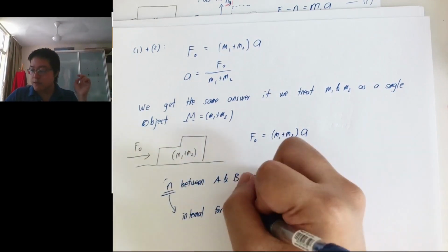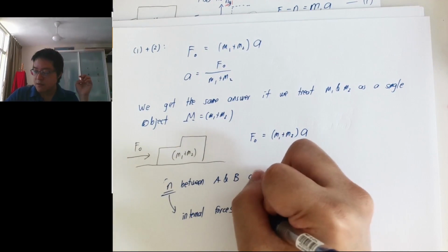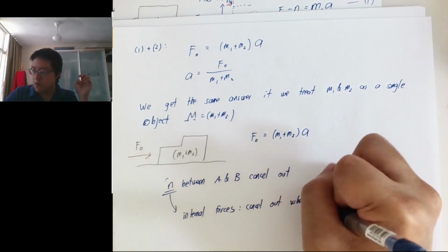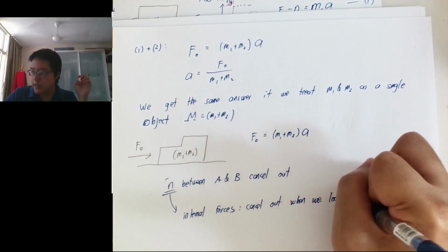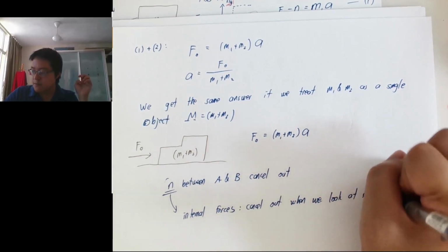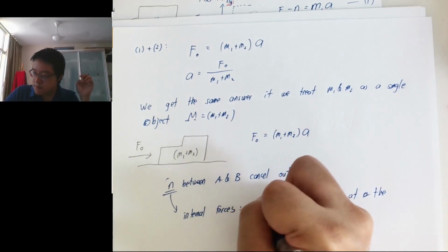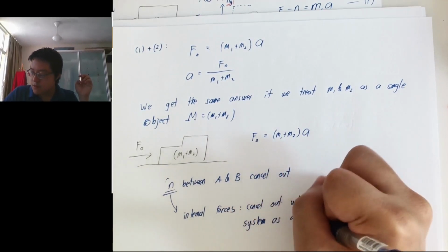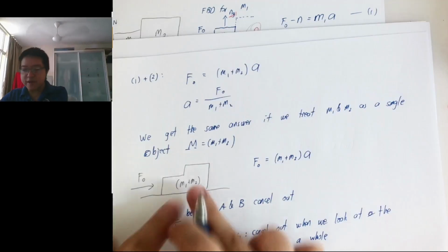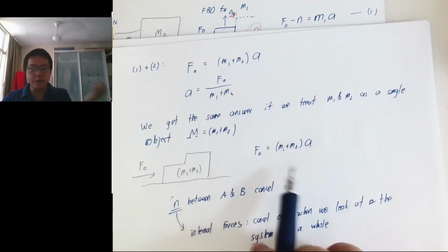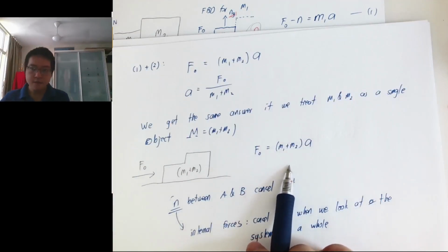So they cancel out when we look at the system as a whole. If you look at the system as a whole, the normal forces cancel out, which means they do not appear anywhere in the equation.